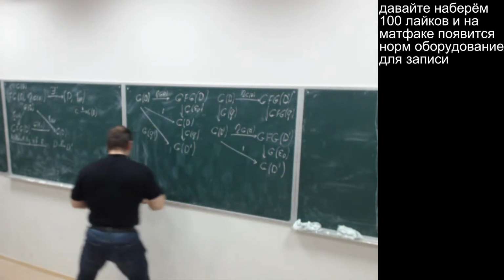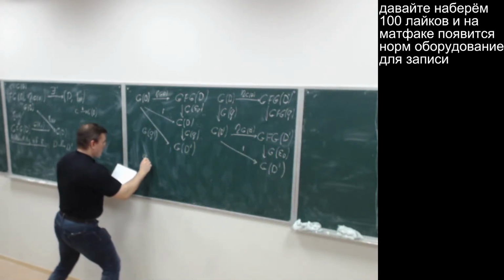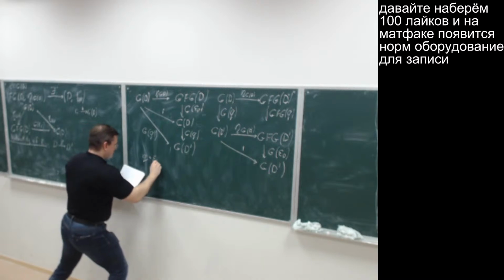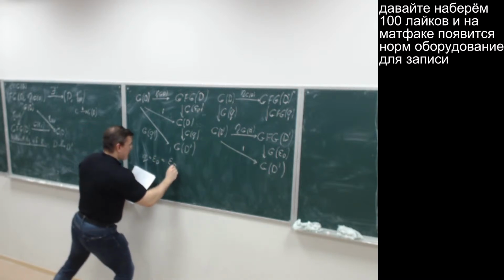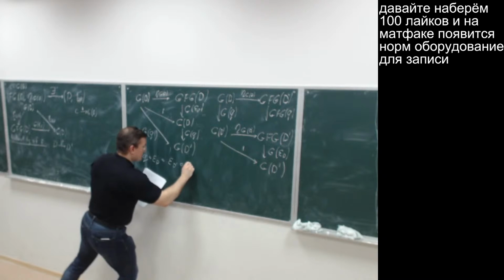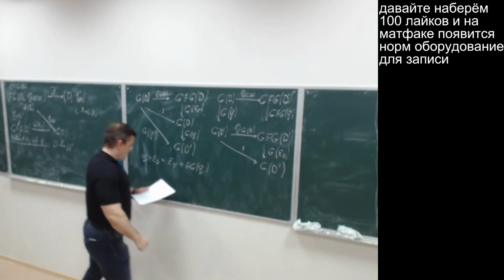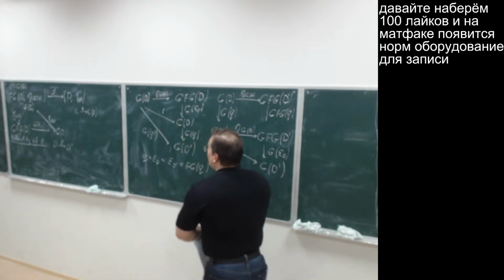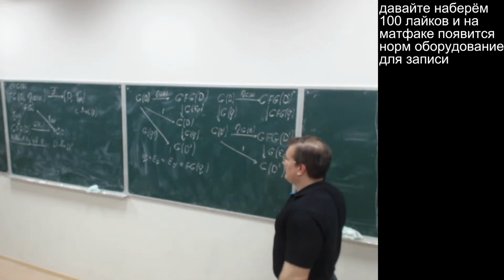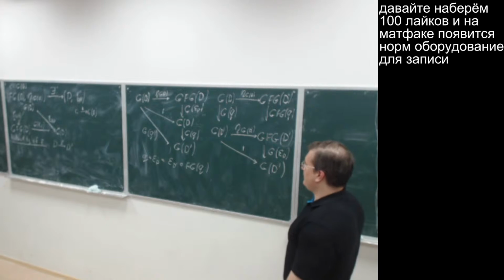Hence, we get the following: the composition of Q with epsilon sub d is epsilon d prime composed with FG of Q.